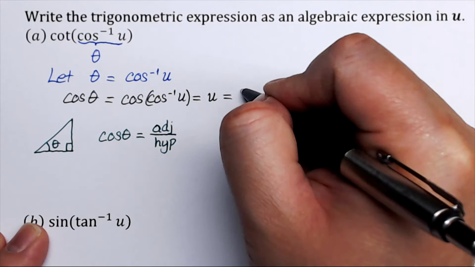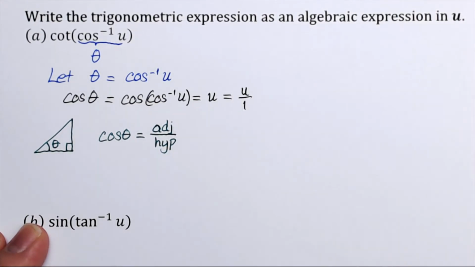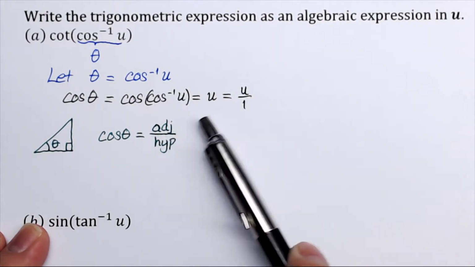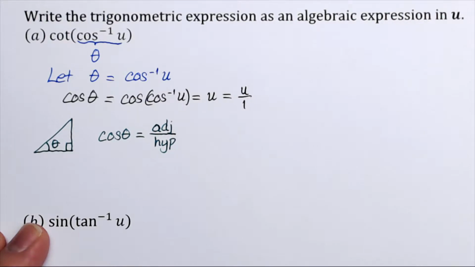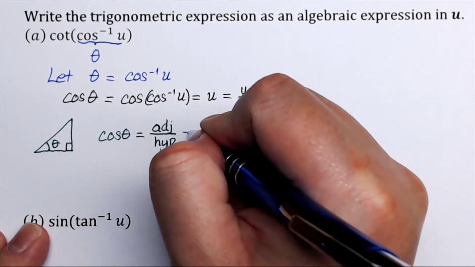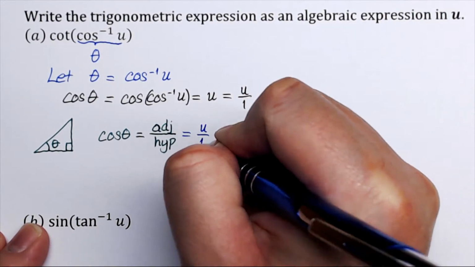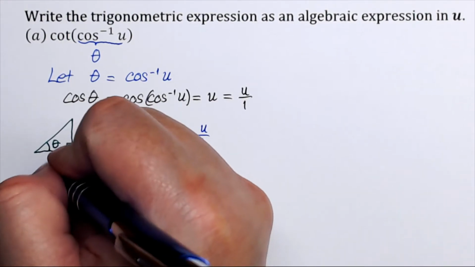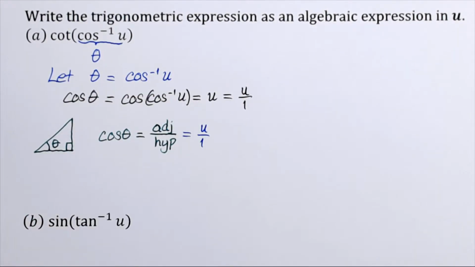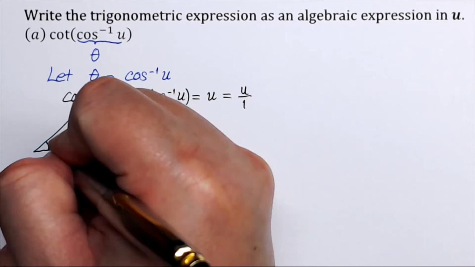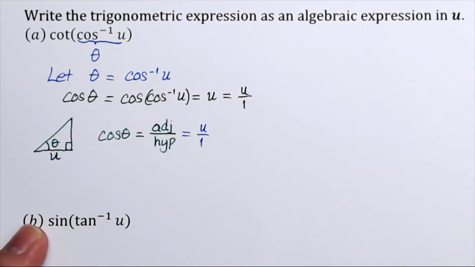We have this point, and cosine is the x value, so we project to get the x value here.